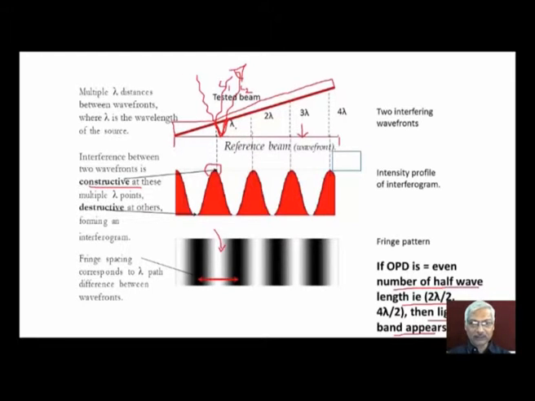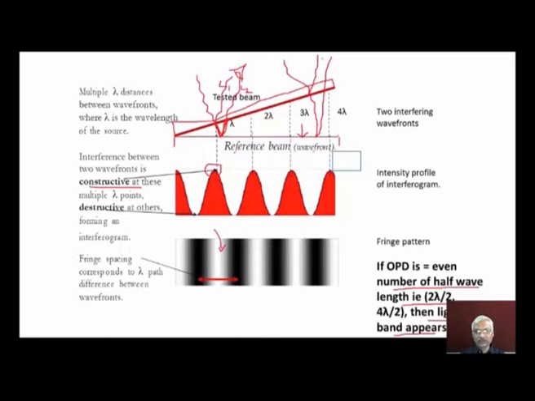Now at this point, this is the light from the source, and then we get a reflected light. The light is reflected from this surface, and then this is the transmitted light, and then the light is reflected.